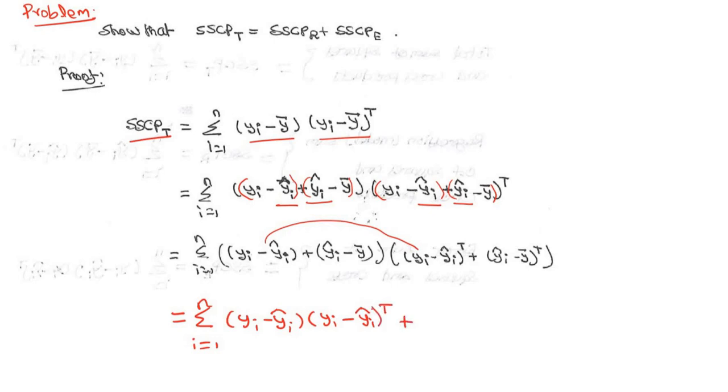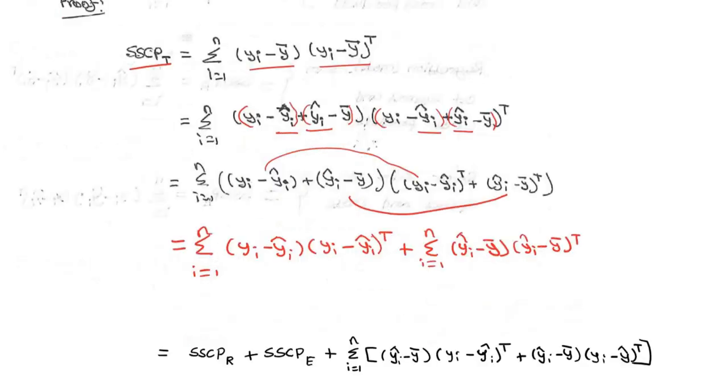And plus this term multiplied with this one, where the summation is also taken inside: summation i equal to 1 to n, and the second term is multiplied, that is (yi cap minus y bar) multiplied with (yi cap minus y bar) transpose.